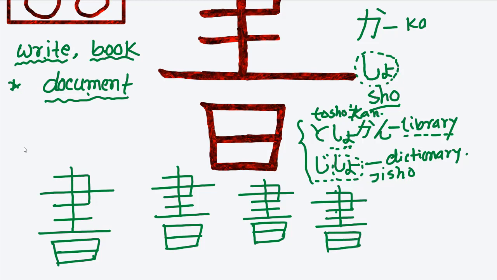So this is ka. Here, if I use it: Kino reporto o kakimashita.